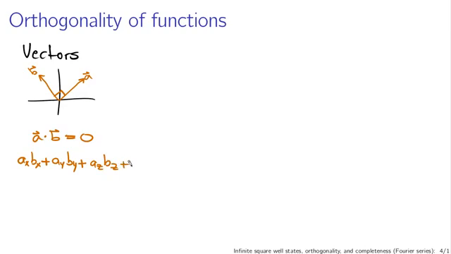And you can continue this, multiplying together like components, or the same dimension of the components of vectors in each dimension, multiplying them together. A1 B1, A2 B2, A3 B3, A4 B4, all added up together. And if this number is 0, we say the vectors are orthogonal. We can extend this notion to functions.